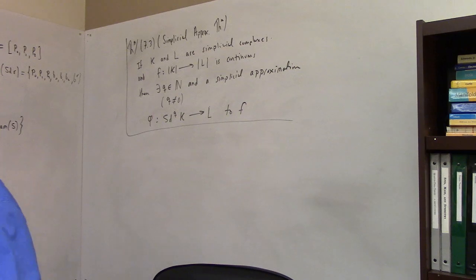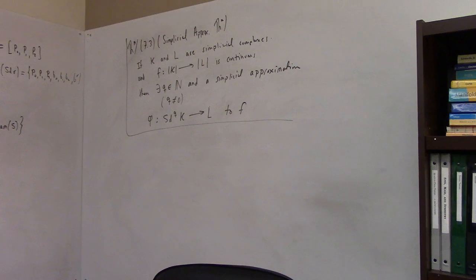Oh, goodness gracious. What's it now? Did we define that last time? What does it mean to be an approximation to the function? Oh yeah. So it's a simplicial approximation if for every vertex, the image of the star at P is a subset of the star at the image of P under the simplicial approximation map.